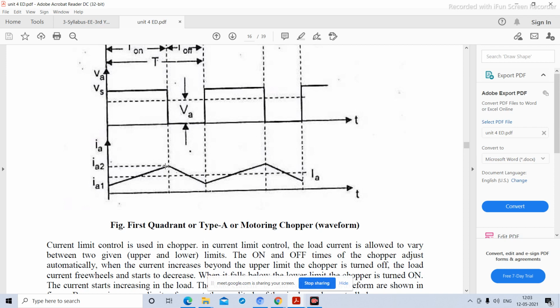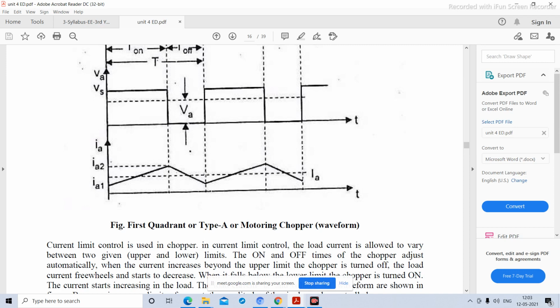And the current decreases from IA2 to IA1 during the T off period. Again the current increases from IA1 to IA2. That means the current is increasing and decreasing within a band. So current limit control is used in the chopper.